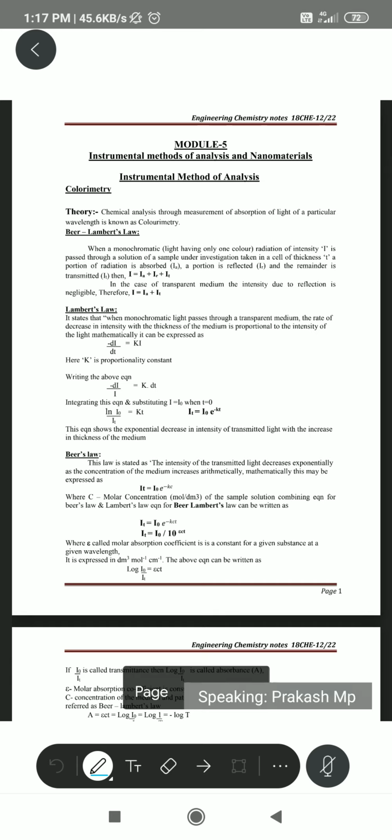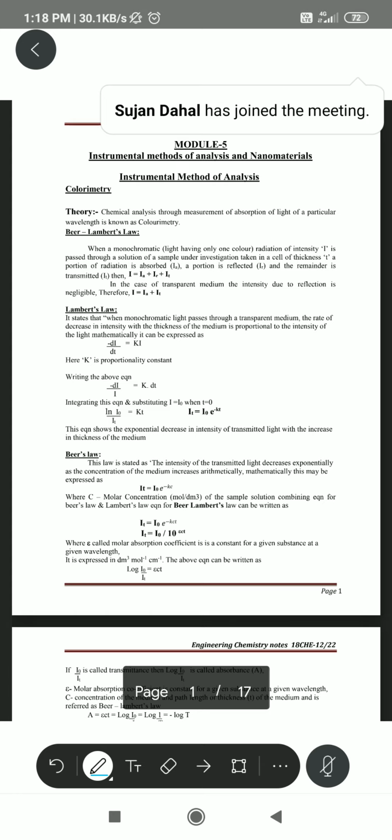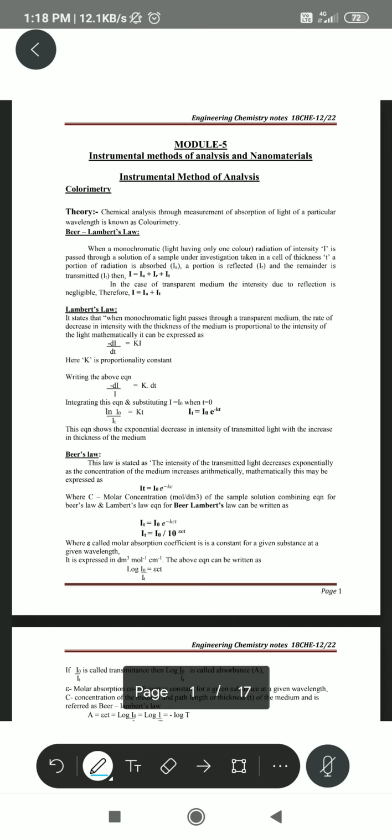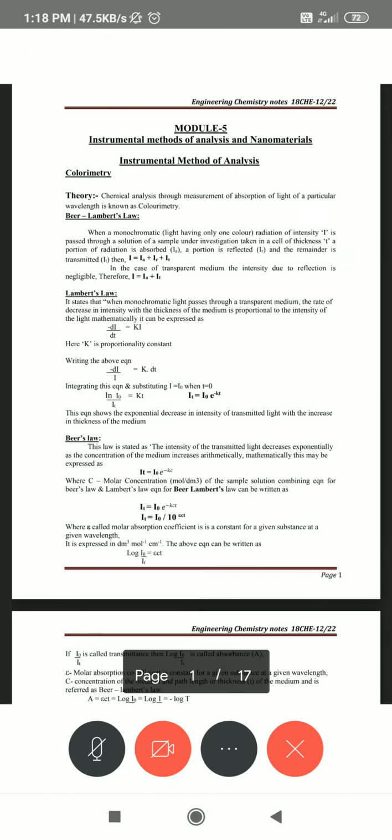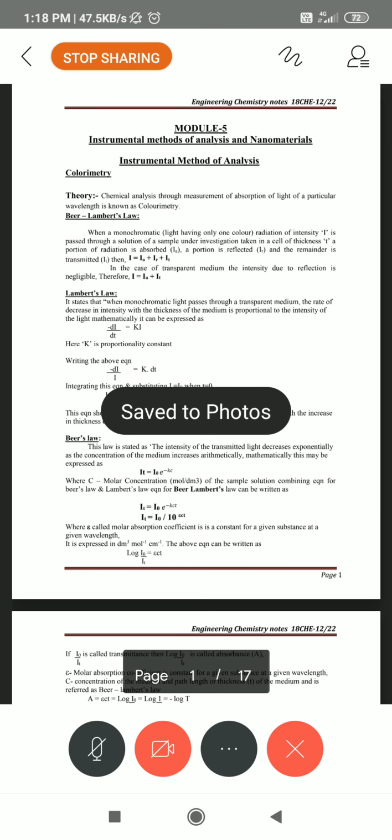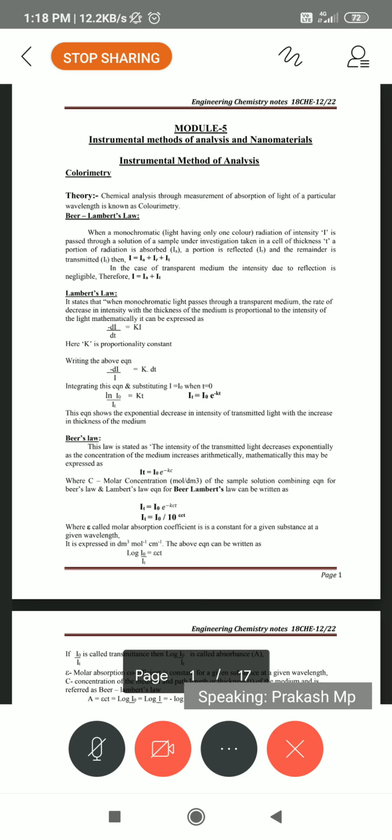Don't throw the solution away, because it can be changed into a labeled, known standard solution. For this, prepare one more standard solution, and afterwards the unknown solution can be labeled.